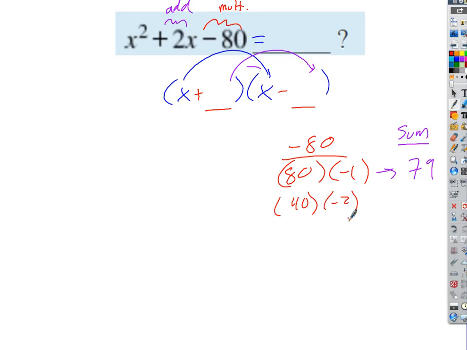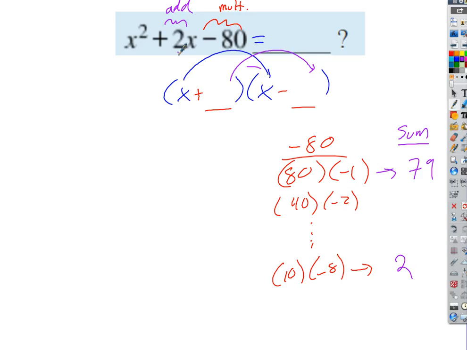But if I get down towards numbers that are closer together, like 10 and negative 8, those add up to positive 2, and that gives me the right answer. So you have a little bit of a clue here. If this number is small, the positives and negatives must be pretty close together, right? If it's really big, then they're far apart, and they're going to be real extreme.